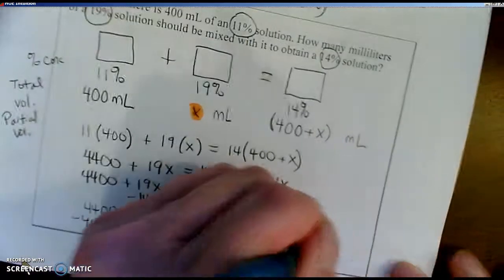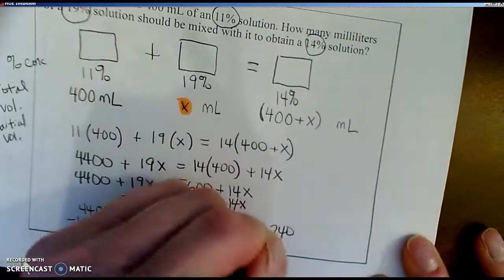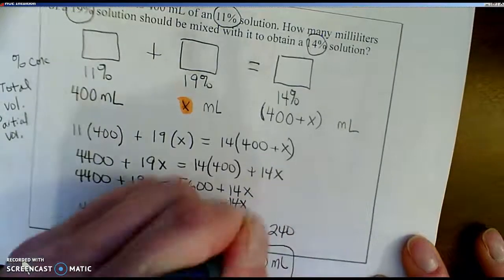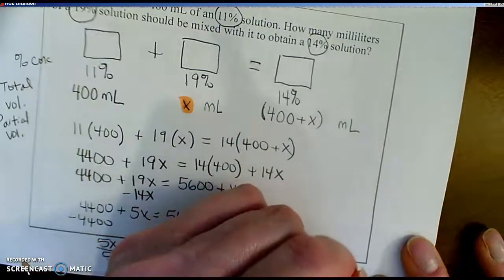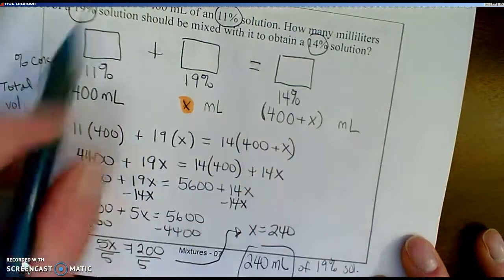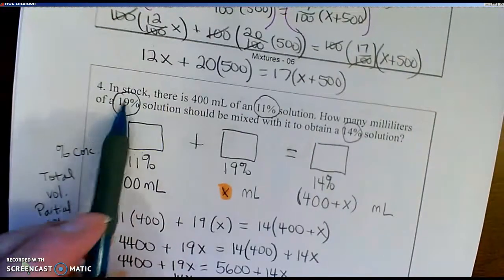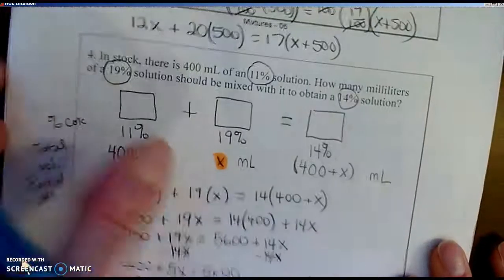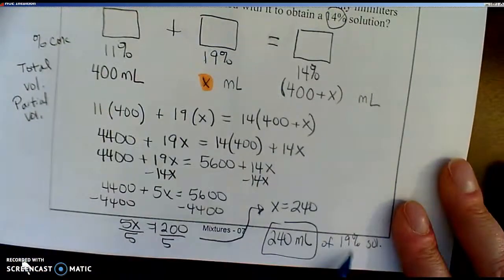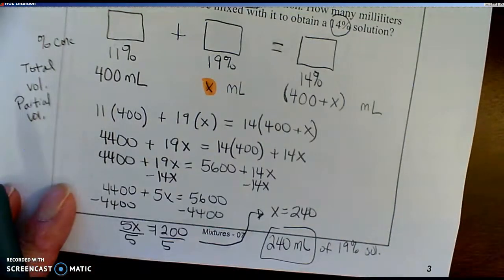So our answer is 240 milliliters of the 19% solution. And does that answer our question? Yes. So there's our answer, 240 milliliters of the 19% solution.